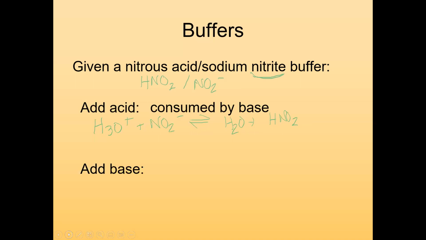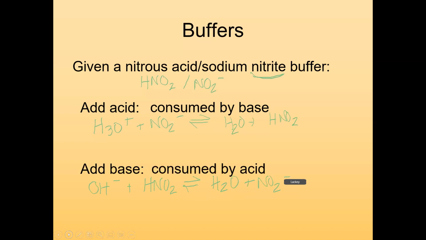Now, what happens if we add a base to this is the base is going to get consumed by the acid. So remember, a base produces that hydroxide ion. If that reacts with our acid, our nitrous acid, our acid gives up a hydrogen to react with the hydroxide, which makes water, and leaves behind that nitrite ion.